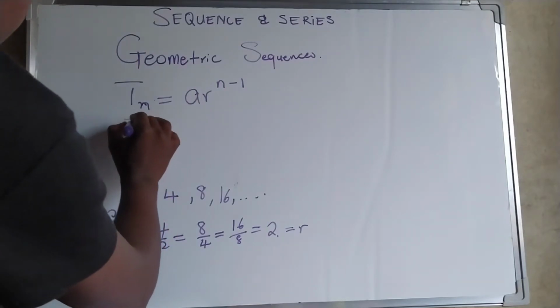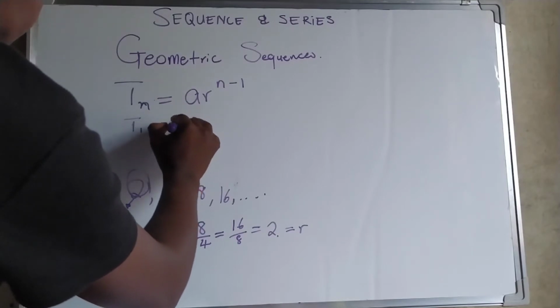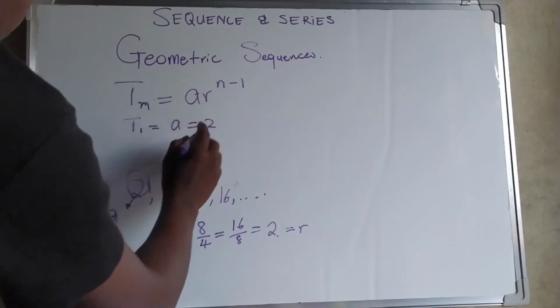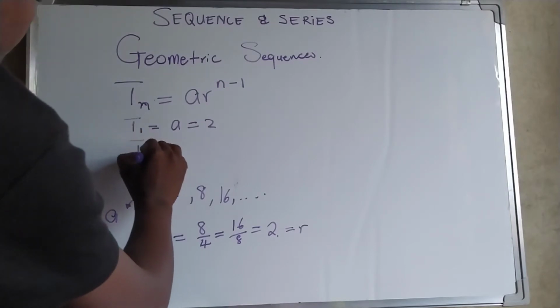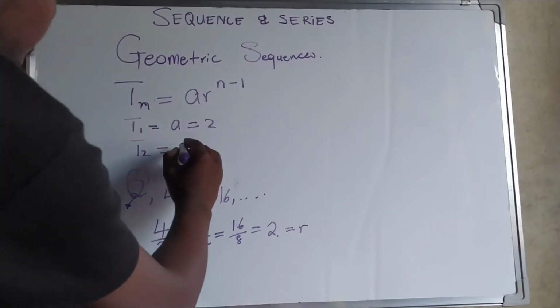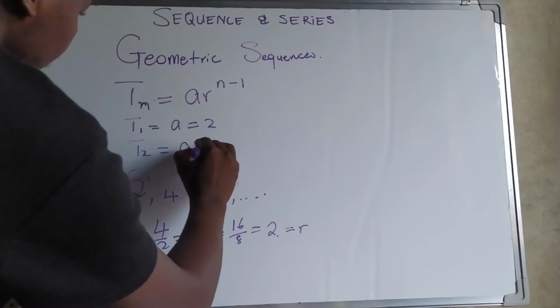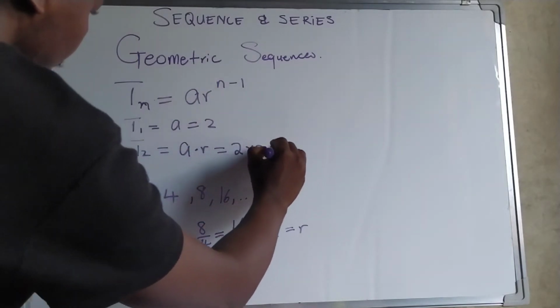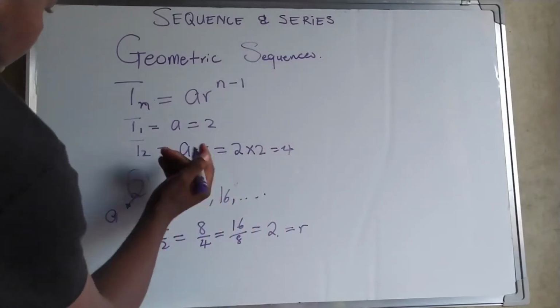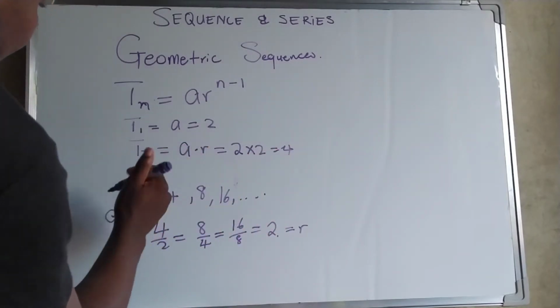We will have T1 is equal to A, which is 2, okay? So this is our first term. And then we have T2 as equal to A times R, which is 2 multiplied by 2. This is 4, okay? Let's go on to the third term.